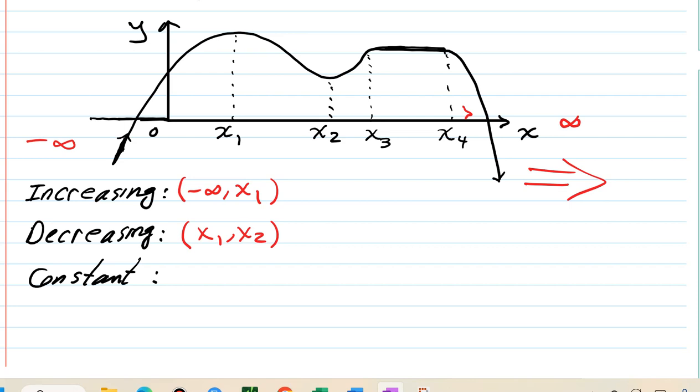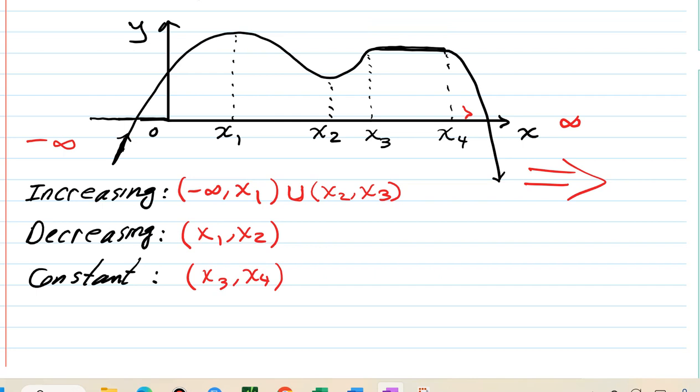Okay, so we went from x1 to x2. Now I'm going from x2 to x3. We're going to go in that direction. The function clearly is increasing, so I'm going to go union, which means or. So it's increasing from there to there, and from x2 to x3, it's increasing. All right. Now it's flatlining from x3 to x4, so it's going to be constant from x3 to x4.